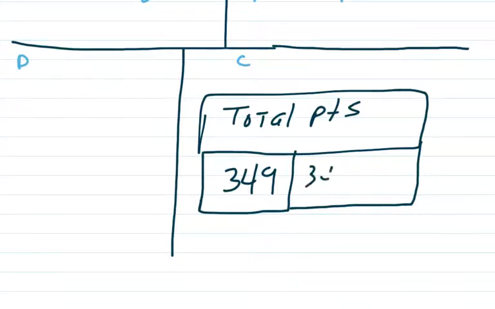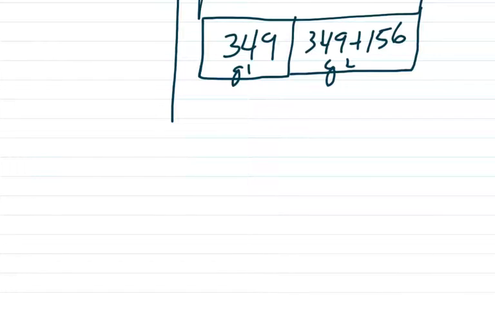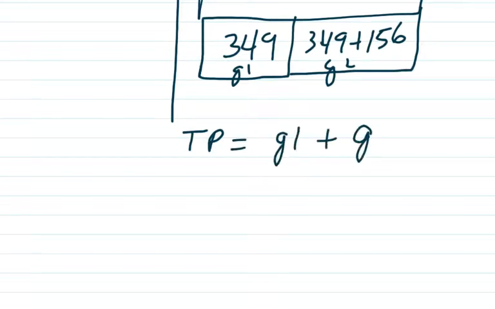So this is game 1, and this is game 2, and game 1 plus game 2 is going to give us our total. Now you know from setting up equations that we can have the equal sign on either side of the number sentence. So here I'm going to abbreviate: TP equals game 1 plus game 2.